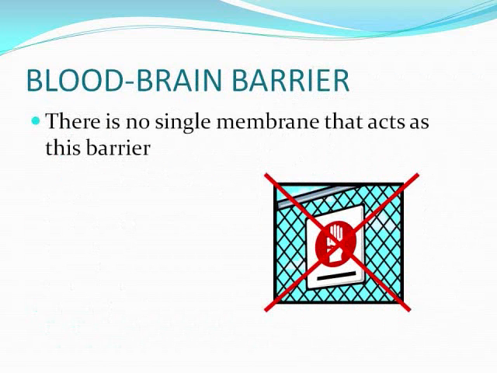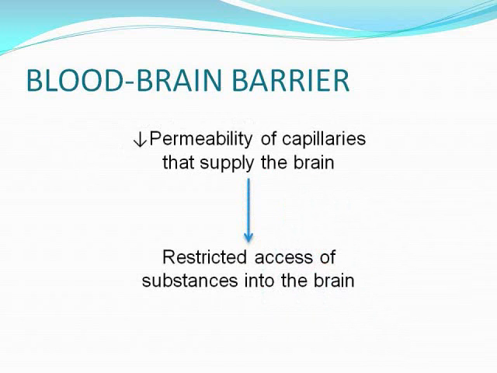So, what is the blood-brain barrier? There is no single membrane that acts as this barrier. There's no single entity that is the barrier. The barrier is the decreased permeability of the capillaries that supply the brain. This decreased permeability restricts the access of different substances into the brain. They can't cross from the blood into the brain.